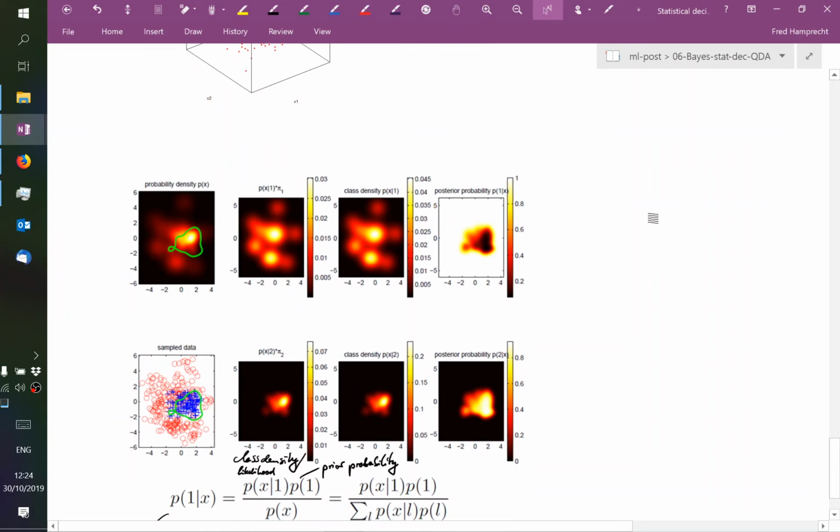So wherever class 1 has a larger posterior probability than class 2, I'm going to predict class 1, and vice versa.